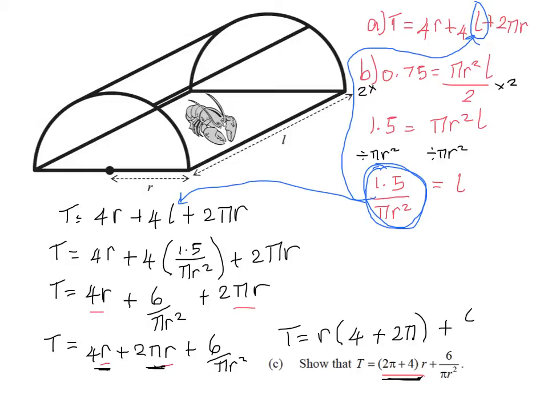Now, our 6 over pi r squared is okay already. It's exactly what we need it to be. And I think we are there.